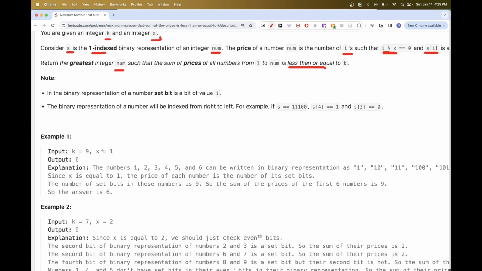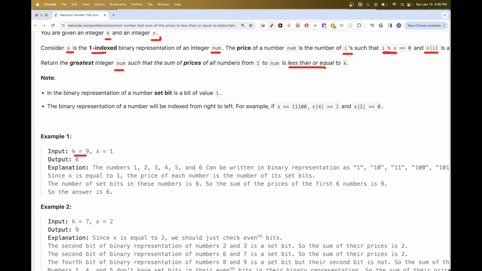Let's take a look at the first example. k is equal to 9, so we are looking for a number where the sum of the prices is less than or equal to 9. If you try multiple examples, you'll find that number is 6.